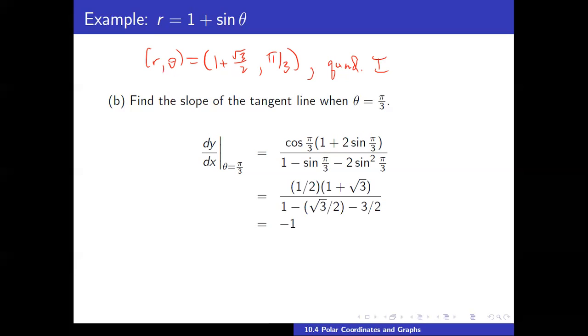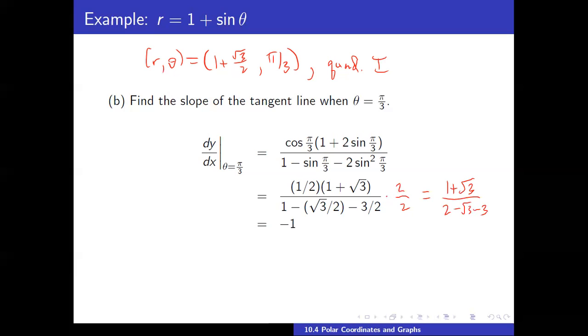And believe it or not, this is sort of amazing. If I multiply this by 2 over 2, the top just becomes 1 plus radical 3, over, if I multiply the bottom by 2, I get 2 minus radical 3 minus 3.